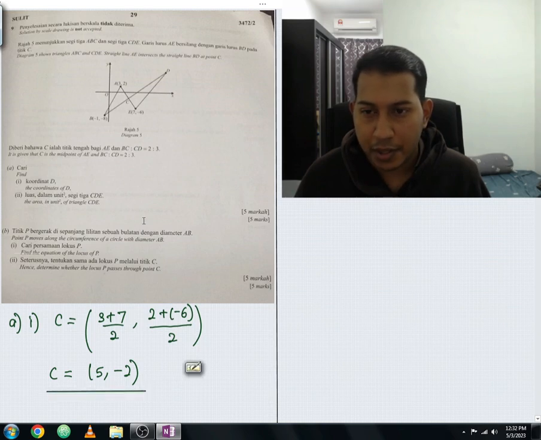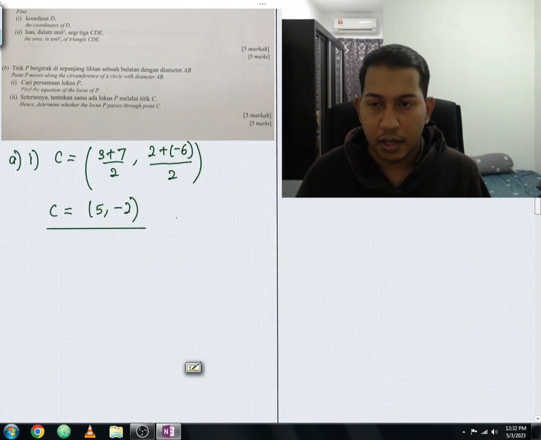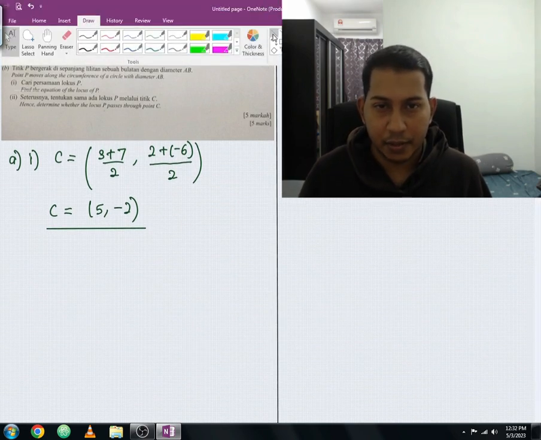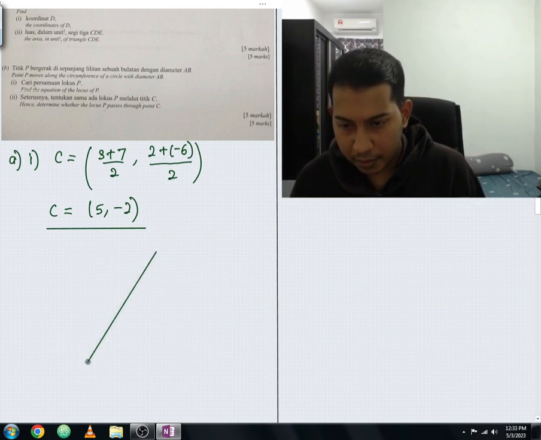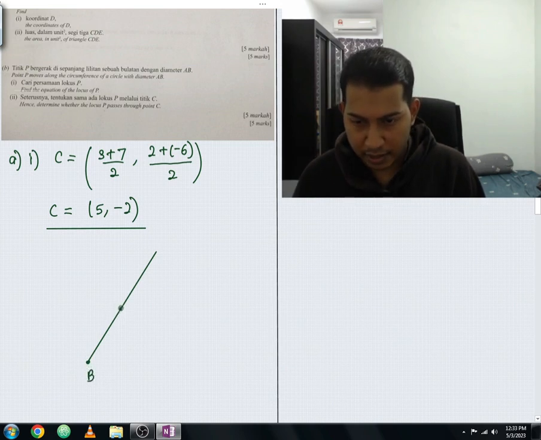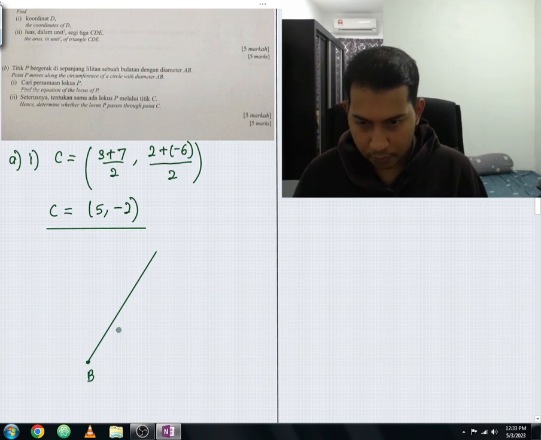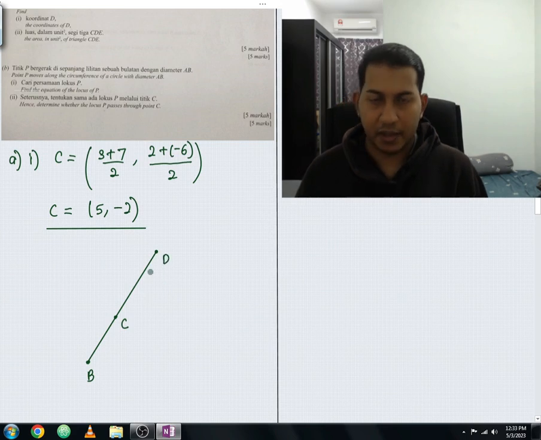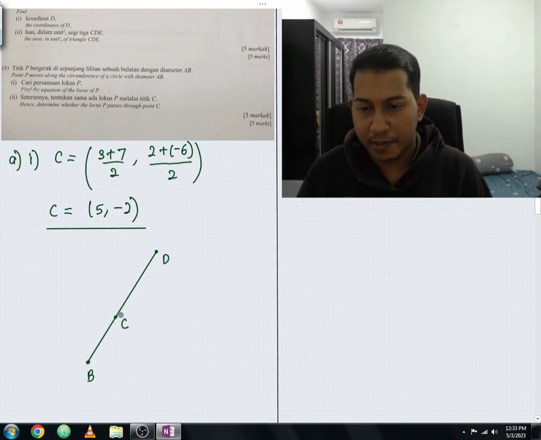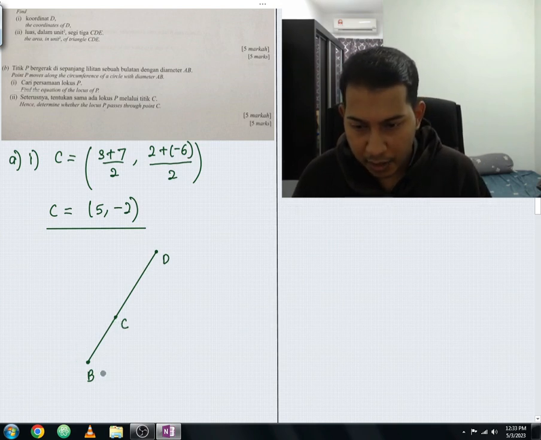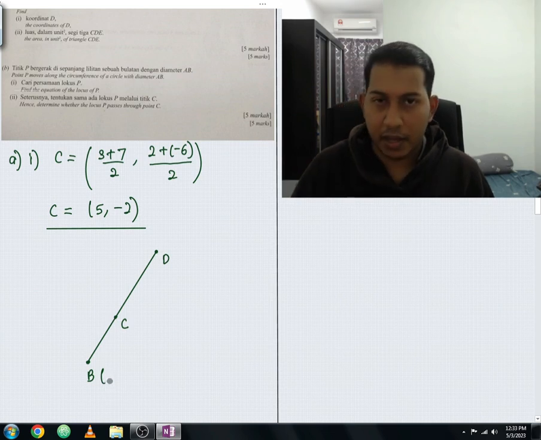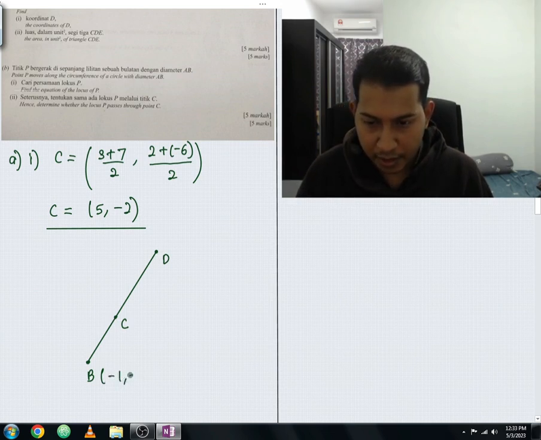Once we get the coordinate C, the next step is I'm going to sketch a line segment, a very simple sketch. Let me write this as B, this region as C, and this region as D. Because this is a line segment, I want the distance BC to be shorter than the distance CD. The coordinate B given by the question is (-1, -8).